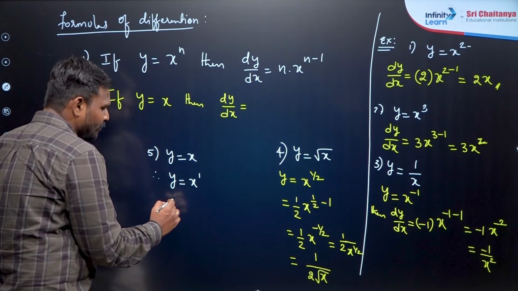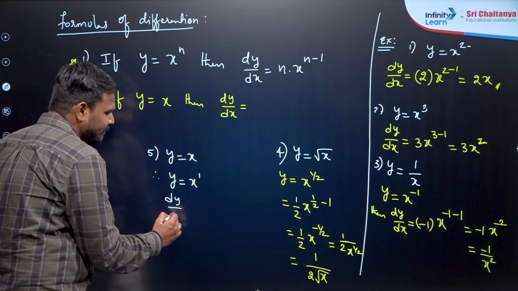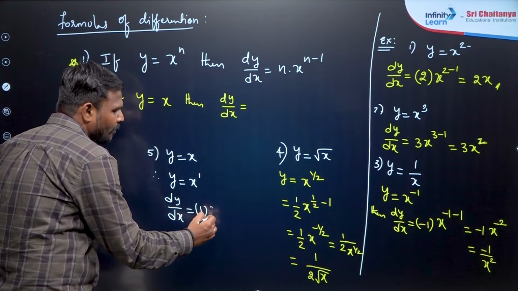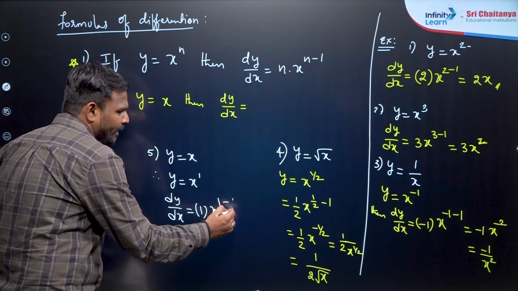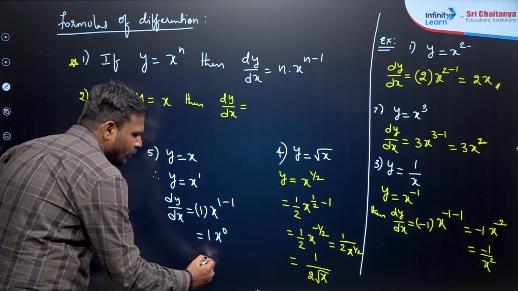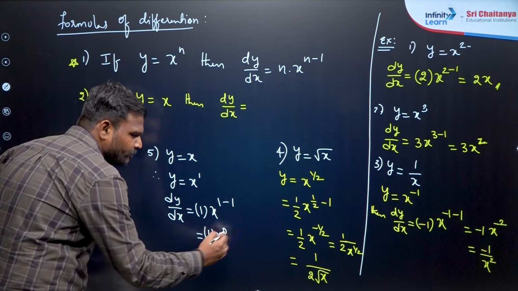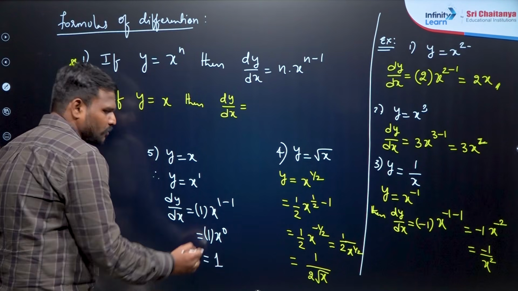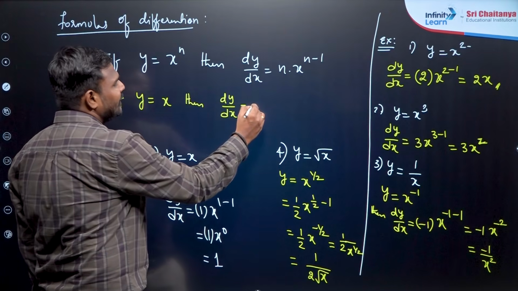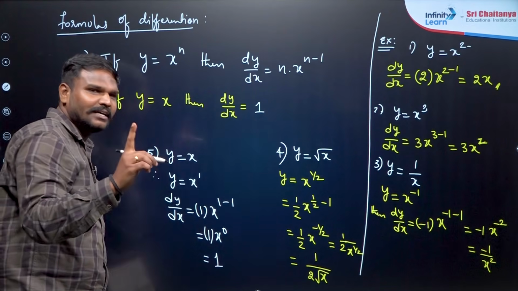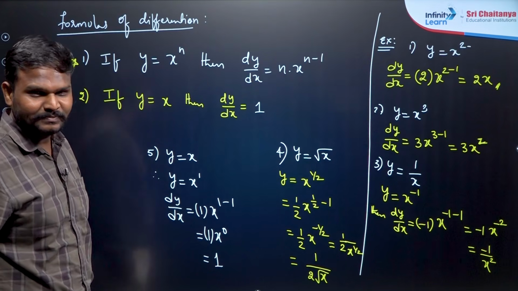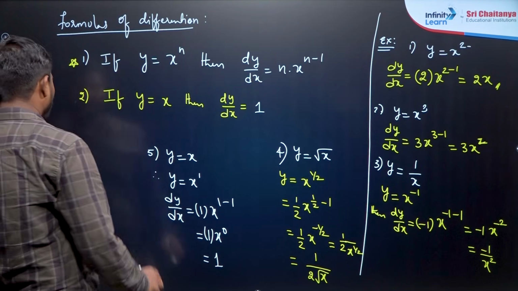So what we will do? Dy by dx is equal to multiply the power, 1 into x power 1 minus 1. So something power 0 is always equal to what? 1. So 1 into 1 is 1. So if y is equal to x, then the derivative is how much? 1. Please copy quickly.